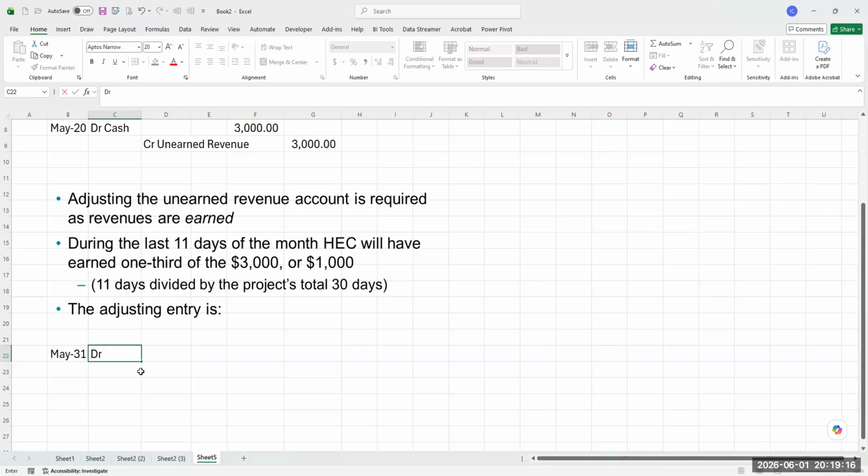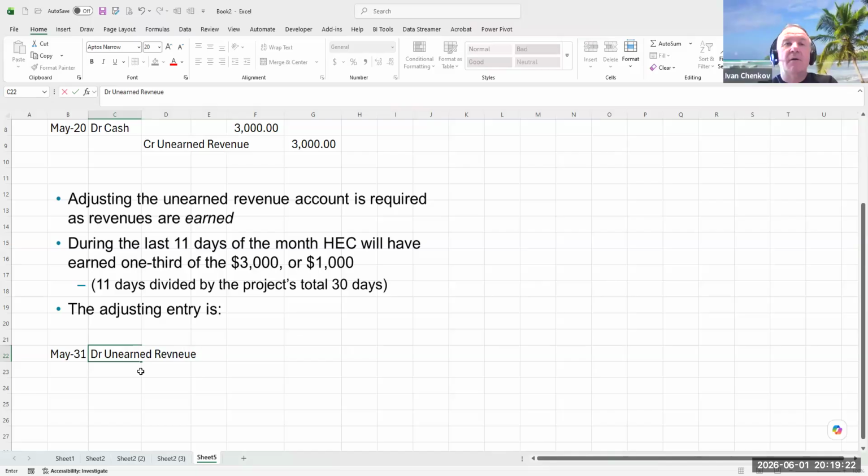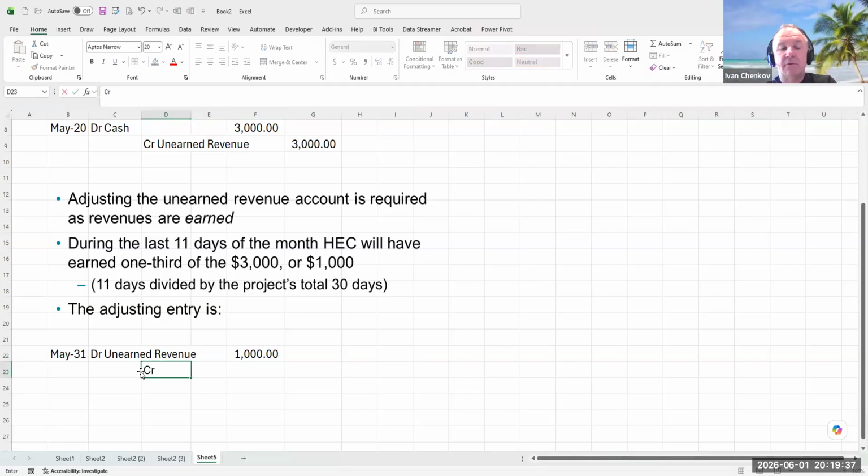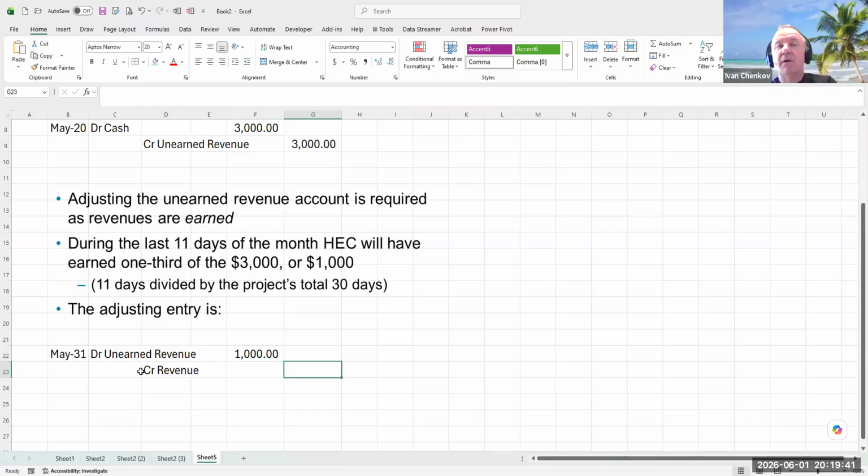Unearned revenue, which is my liability account. So what I'm doing now is reducing my liability. Why? Because I provided the service. For how much? For 1,000. And I'm going to move it to revenue. So that's how you move unearned revenue into revenue for 1,000.